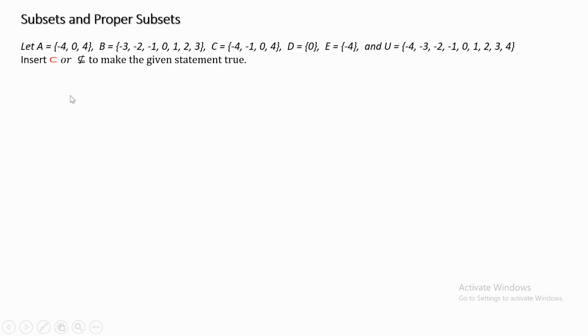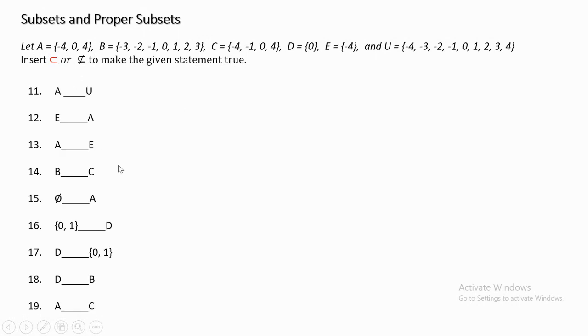But let's do it how the book is, because this is actually some of the homework. So what goes here, guys, is either a proper subset or not a subset. For example, for A, negative 4, 0, 4 is a subset of the universal set, because negative 4, 0, 4 are in set U, which is negative 4, 0, and 4.